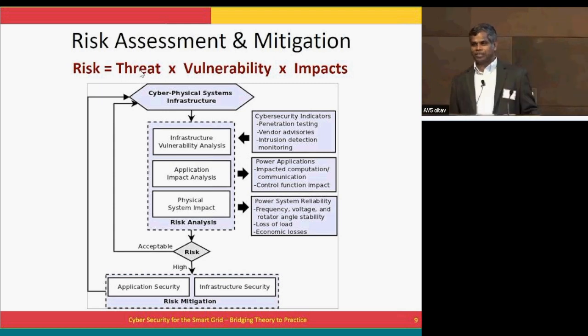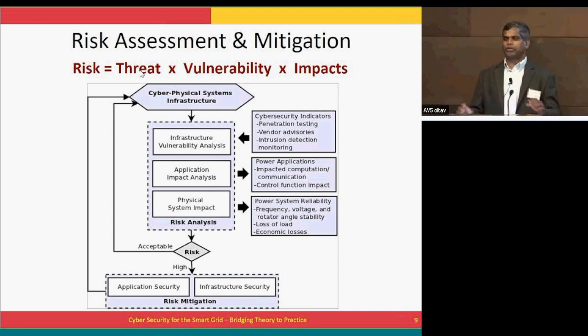Vulnerability assessment is a scientific or engineering process. Impact characterization is an engineering or scientific process. So without having a threat assessment in a scientific way, it is very, very hard to compute risk indices from a cyber threat or cyber attack perspective. So that makes it very hard.